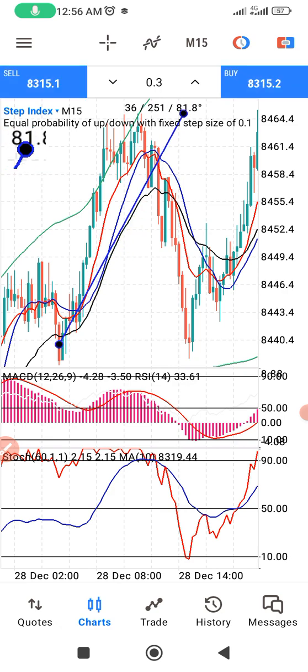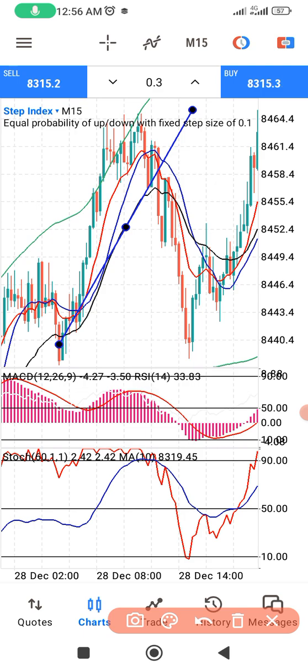You see it on reaching here, upper band. See this level?